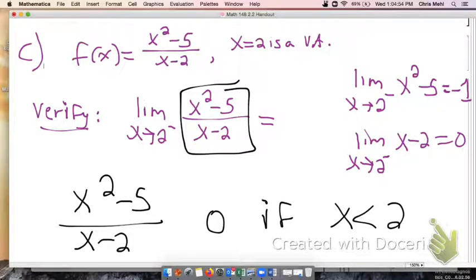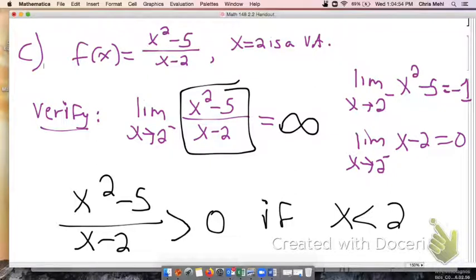Just plug something less than 2 into that expression. If you plug, say, 1 into it, the numerator 1 squared minus 5 is negative, and 1 minus 2 in the denominator is negative. You can check for yourself, but as long as you plug anything less than 2 into that fraction, it will be positive, so I know that this limit is positive infinity.